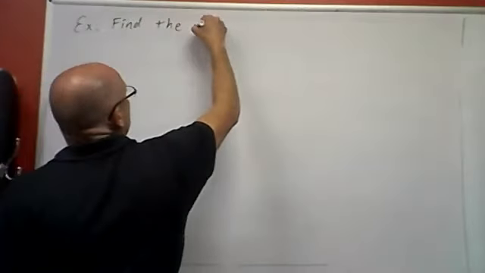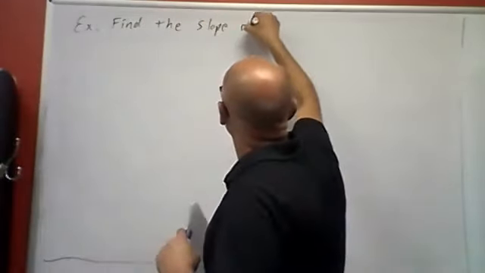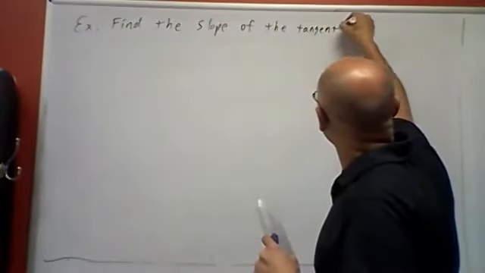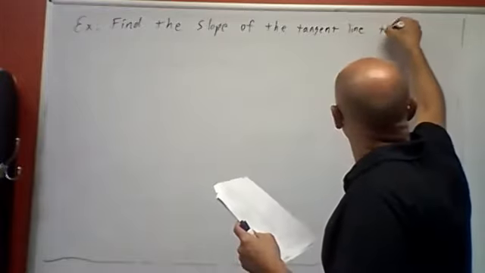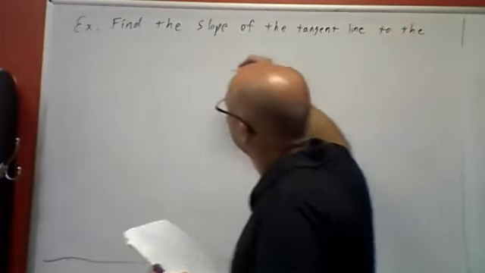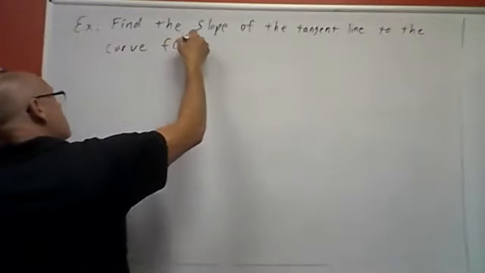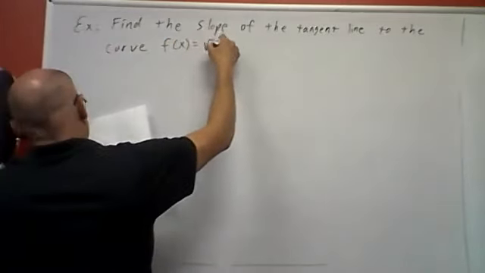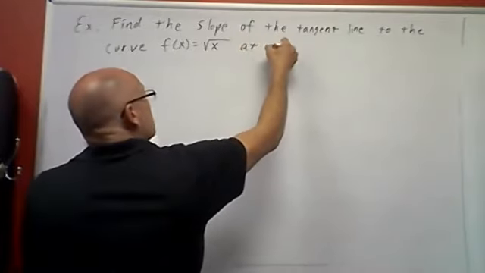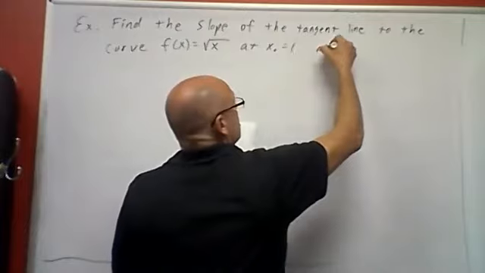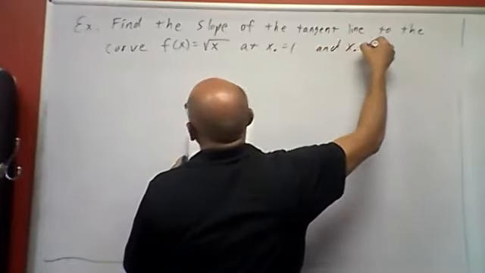Find the slope of the tangent line to the curve f of x is equal to the square root of x at x naught is equal to 1 and x naught is equal to 9.